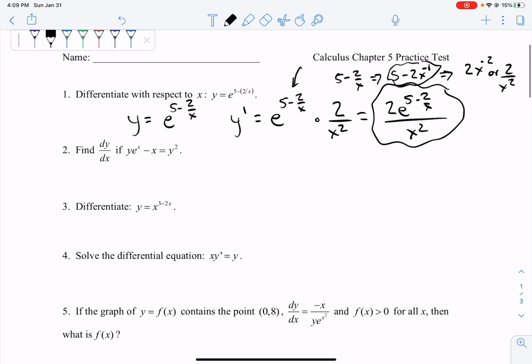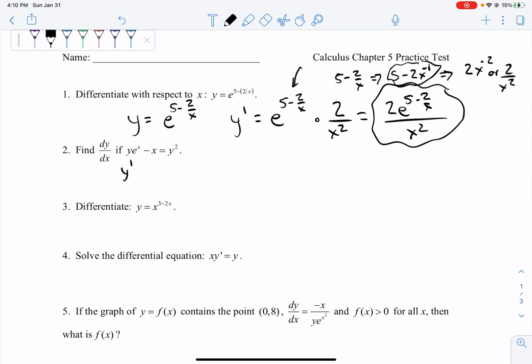Okay, number 2, again, an older problem, something that we've been doing for a while now. I'm looking for dy/dx if y e to the x minus x is equal to y squared. So when I take the derivative of y, it is y prime, and we're doing the chain rule here.